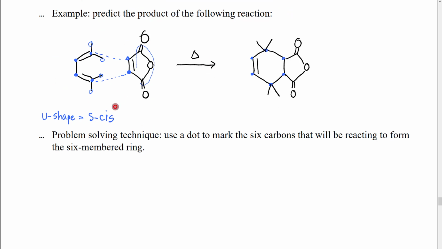What we see in this predict the products problem is we have a diene, but it's not just butadiene anymore. It has carbon groups on the end of the diene, and that's totally allowed. We could have all sorts of different groups on the ends of the diene. What we see is that this diene is going to rotate until it has a U shape. We'll talk more about that in problem solving.